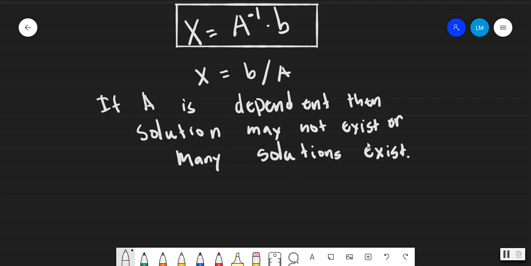But if many solutions exist, then that means you have infinitely many solutions.